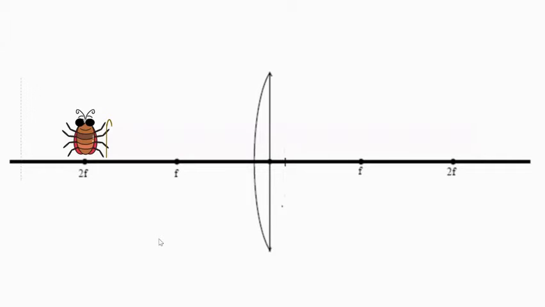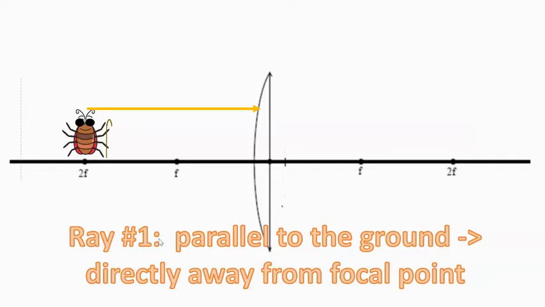So, first of all, I'll show you three special rays that do the same thing each time, and you can draw them. The first ray is one that starts parallel to the ground or parallel to the axis, as we call this, and it's going to reflect directly away from the focal point on the right side.